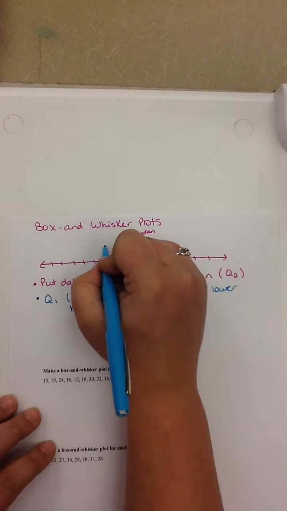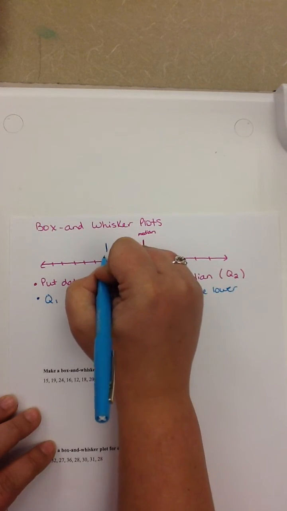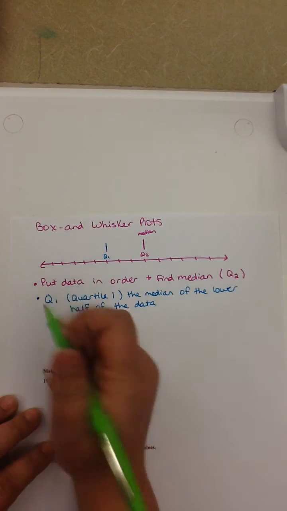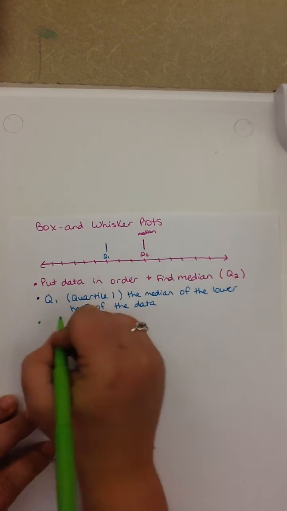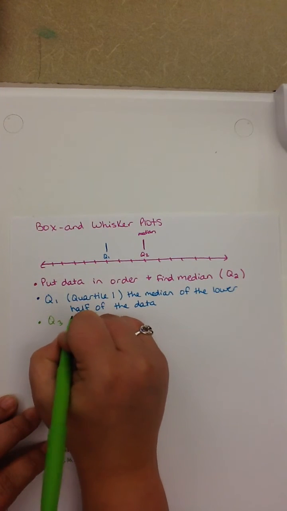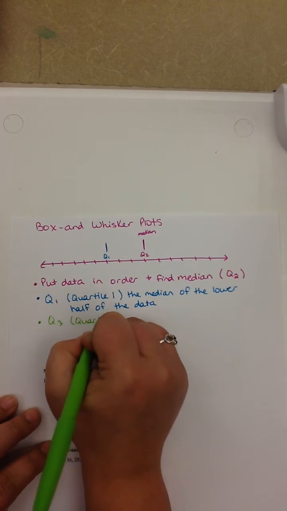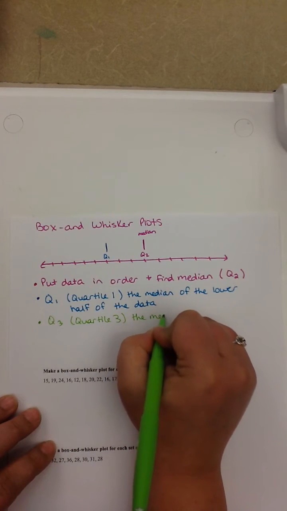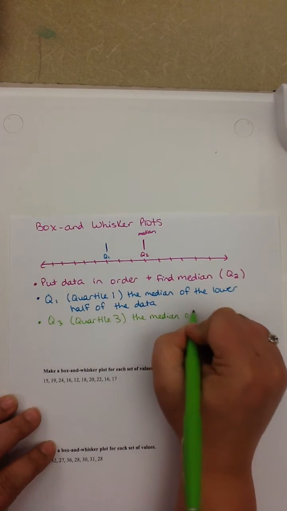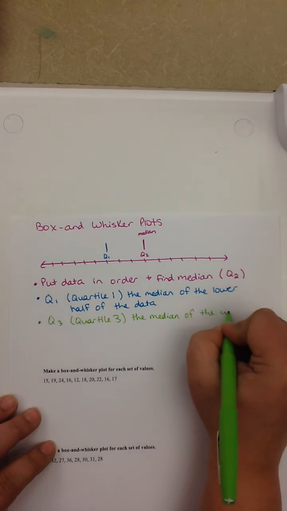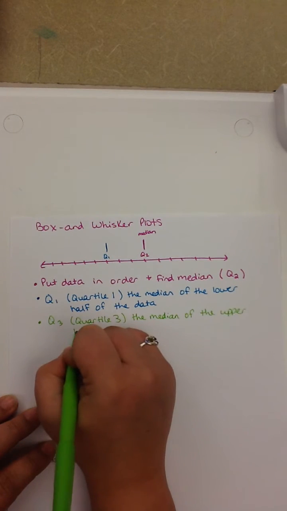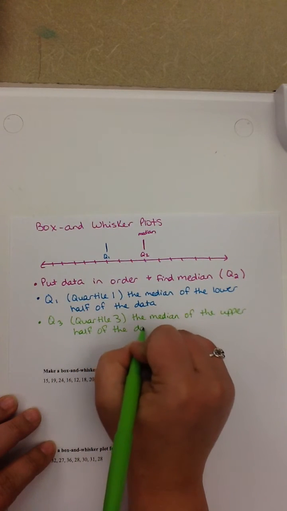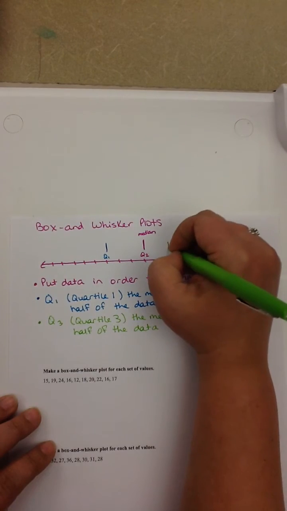So somewhere over here, let's pretend, we found Q1. And then we will also have an upper half of the data. So Q3, or quartile 3, is the median of the upper half of our data. So somewhere over here we'll have Q3.